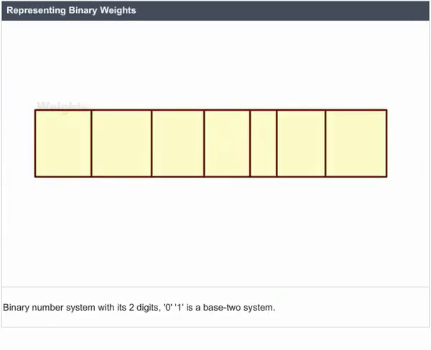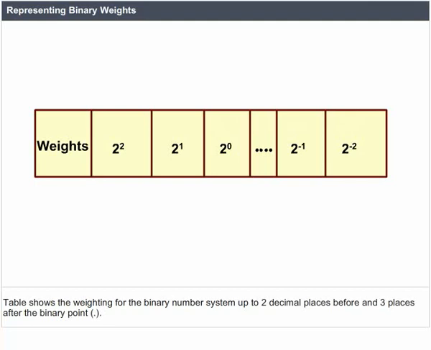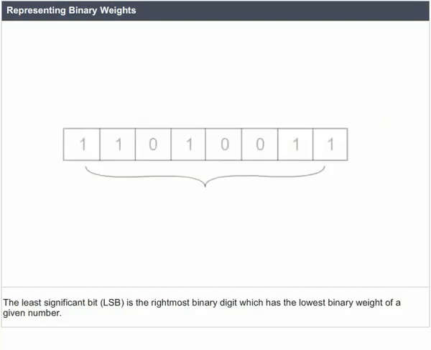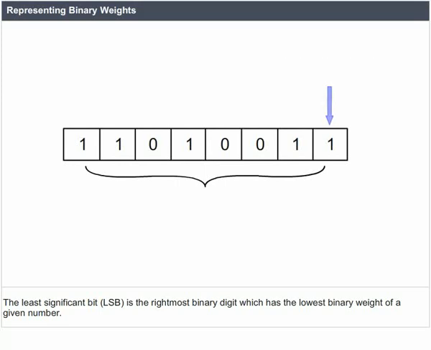Representing binary weights. The binary number system with its two digits 0, 1 is a base 2 system. The table shows the weighting for the binary number system up to 2 decimal places before and 3 places after the binary point. The least significant bit, LSB, is the rightmost binary digit, which has the lowest binary weight of a given number.